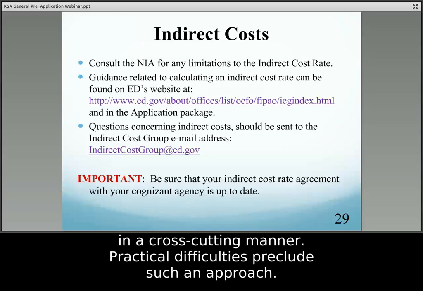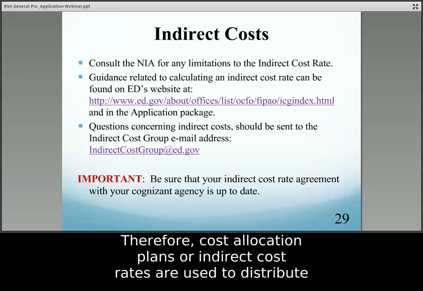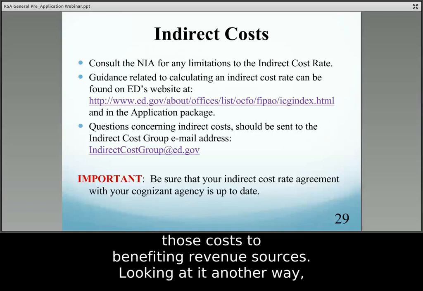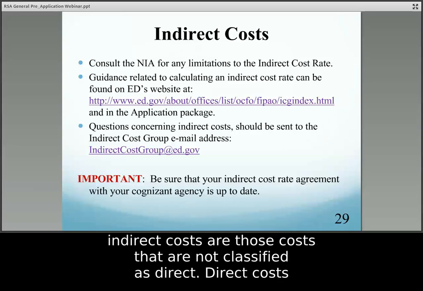Practical difficulties preclude such an approach. Therefore, cost allocation plans or indirect cost rates are used to distribute those costs to benefiting revenue sources. Looking at it another way, indirect costs are those costs that are not classified as direct.